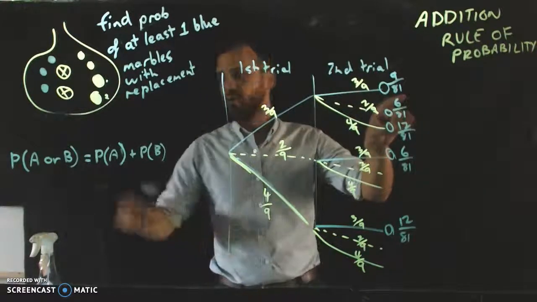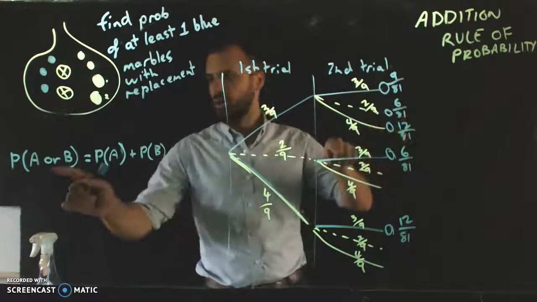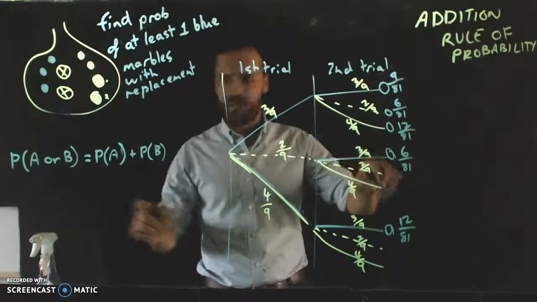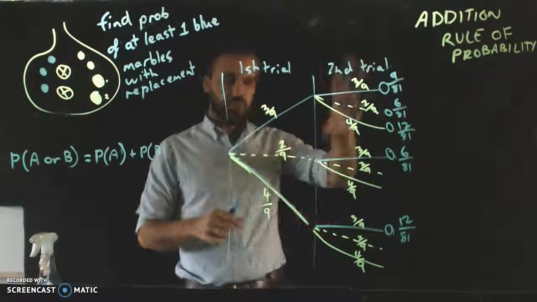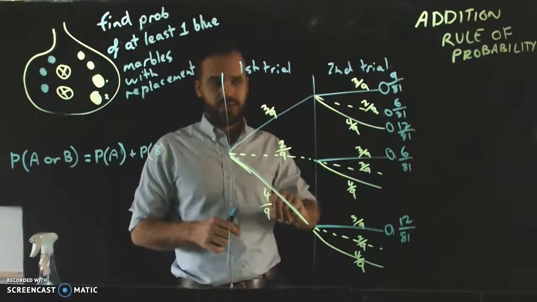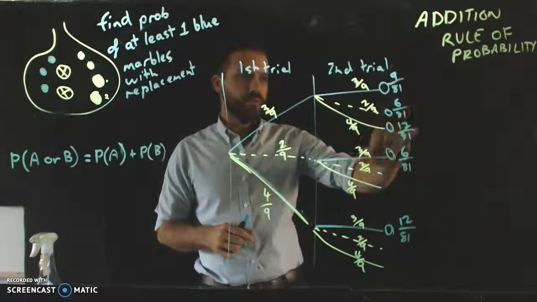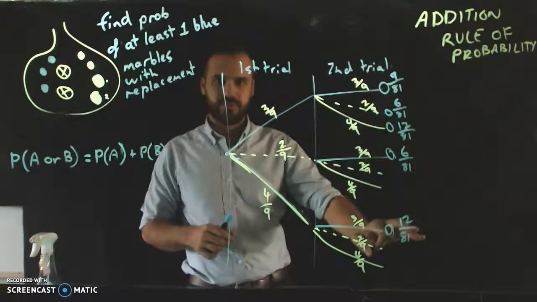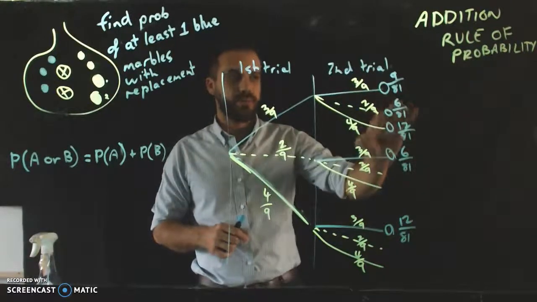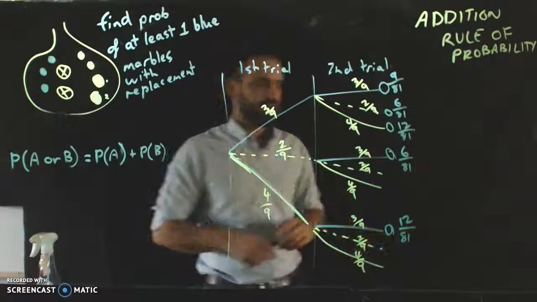It could be this, or this, or this, or this, or this, as long as one of them happens. So the probability of A or B or C or D or E happening is equal to A plus B plus C plus D plus E.